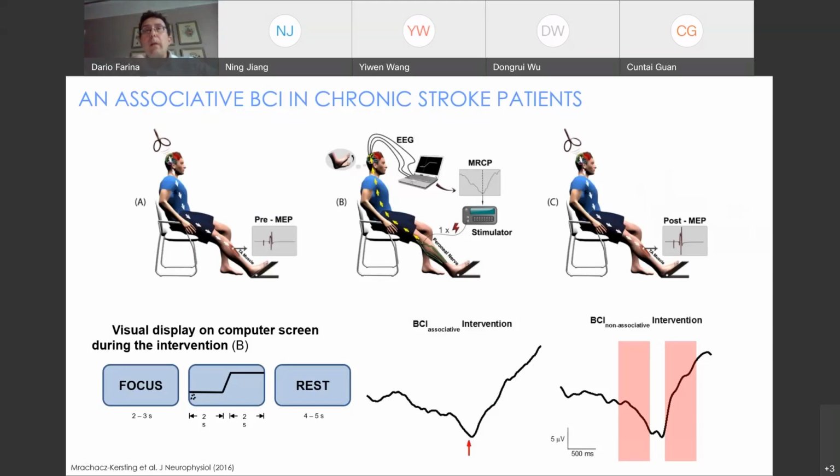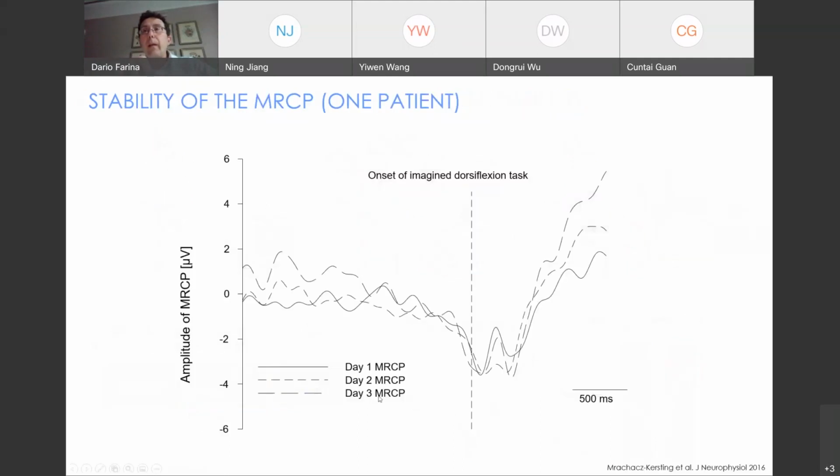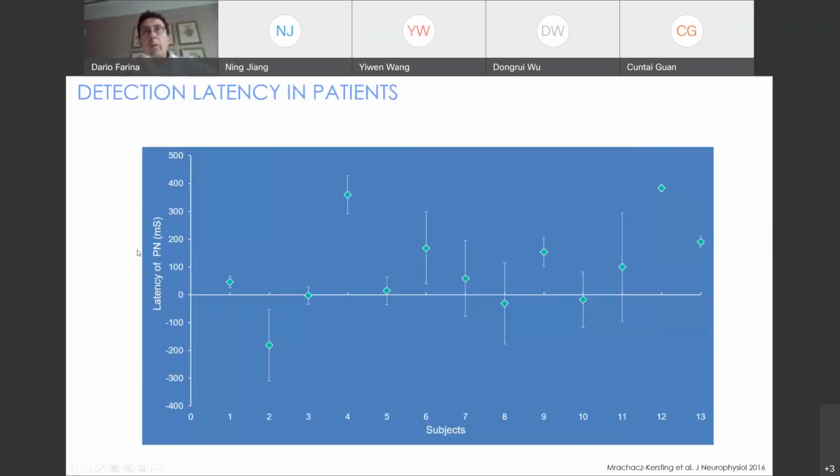And these are slow cortical potentials in stroke patients over different days, just to prove that we can record this potential in stroke patients. They are quite well defined and they are consistent and reliable across days. And this is the latency at which we can detect these potentials online in stroke patients.